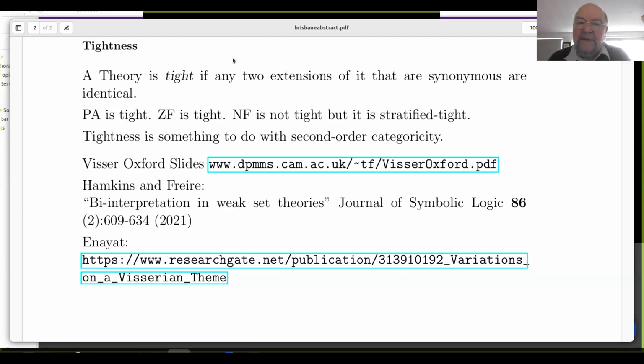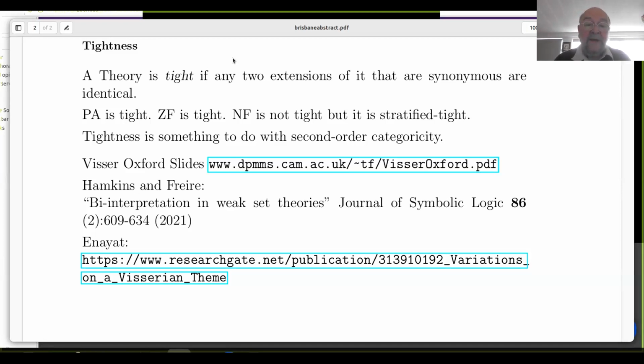Now, tightness is a relatively recent concept, and I'm sure there's a lot of work still to be done on it, but it does seem clear that it's something to do with second-order categoricity. As I say, PA is tight, and it's second-order categorical. ZF is tight, and it's not literally second-order categorical, but there's a weak sense in which it is second-order categorical, which we all know.